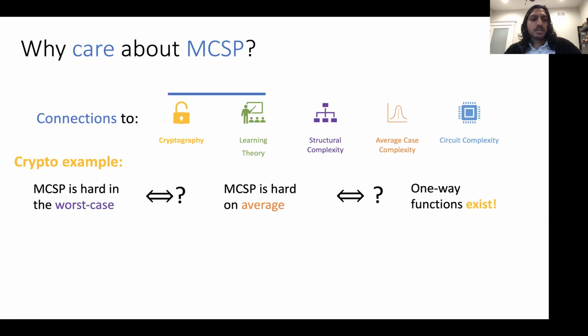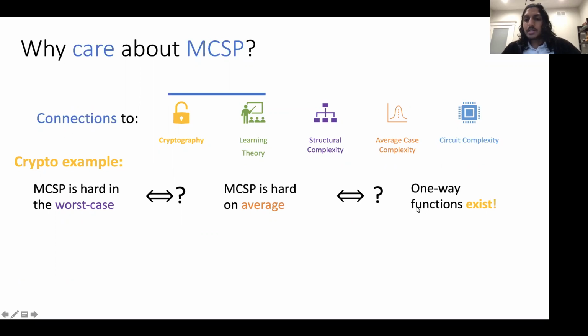There's a very exciting line of research going on right now trying to prove something along the lines of the following: that MCSP being hard in the worst case is equivalent to MCSP being hard on average, and that MCSP being hard on average is equivalent to one-way functions existing.